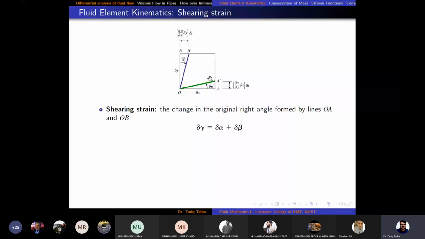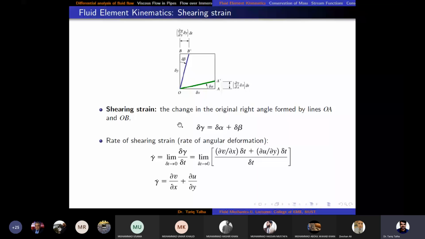So if delta alpha is equal to minus delta beta, which is the case shown here, then shearing strain is equal to 0. That would be the case when there is a gradient in this direction, which means that we are talking about pure rotation, right?